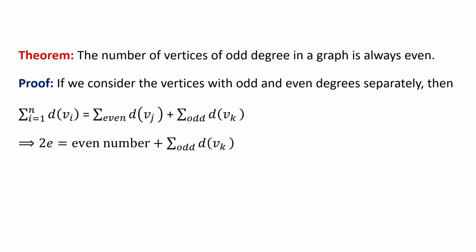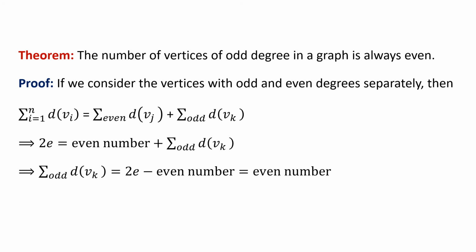That implies 2e equals an even number plus sigma d of Vk over odd degree vertices, because sigma i equal to 1 to n d of Vi equals twice the number of edges, that is 2e, and sigma d of Vj over even degree vertices is always even.